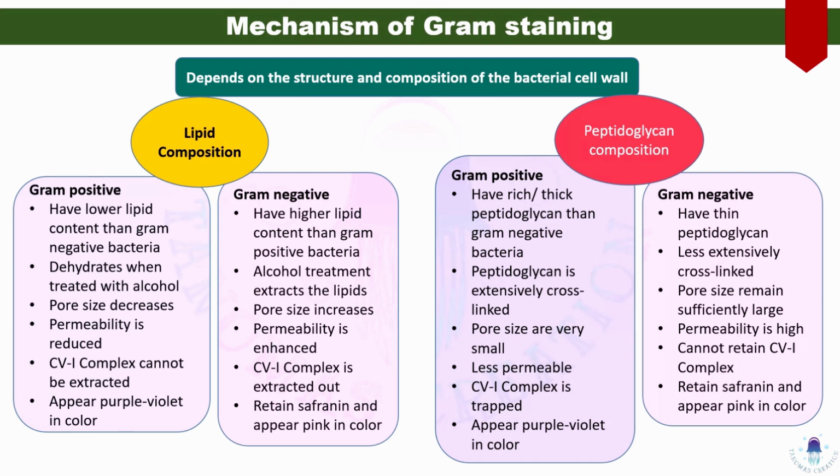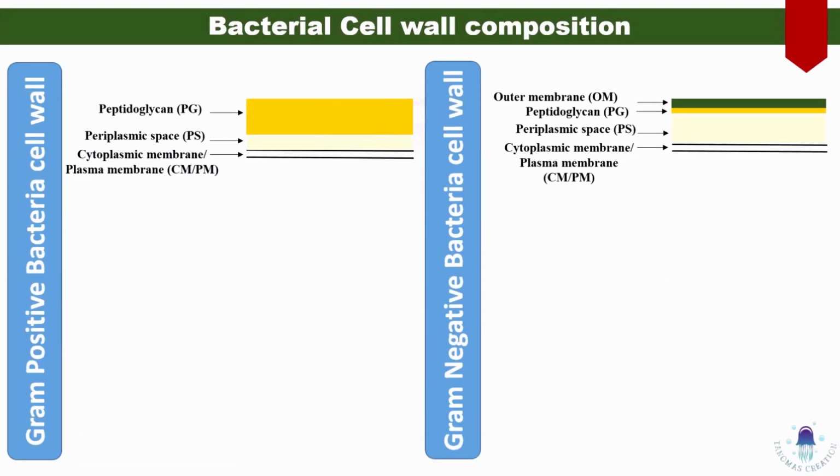Whereas Gram-negative bacteria have a very thin peptidoglycan compared to Gram-positive, so it is less extensively cross-linked. Pore size remains sufficiently large, permeability is high, and they cannot retain the CVI complex. It gets washed out, so they retain safranin and appear pink in color. This will become more clear when we see the structure.